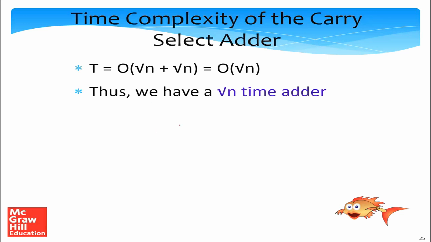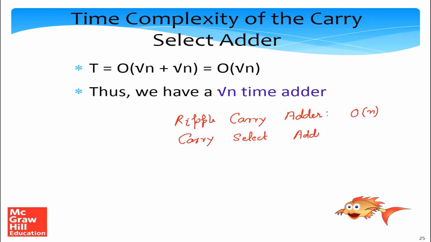So how fast was a ripple carry adder? The ripple carry adder, which was very, very simple, took order of n time, and the carry select adder takes order of square root of n time. So it is expected to be much faster.